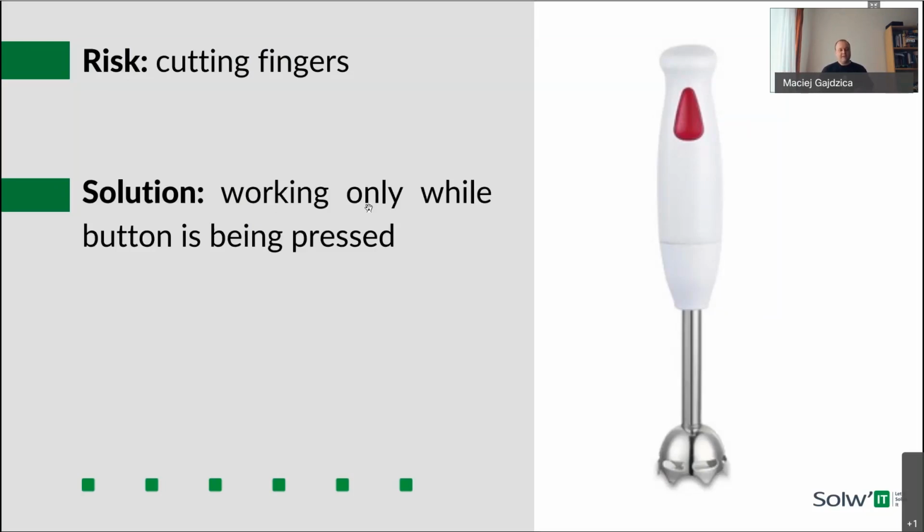If we stop pressing it, the knives will stop turning. So we cannot accidentally turn it off. We cannot leave it working and start doing something else. So by this simple solution, we are dramatically decreasing chance of the accident.